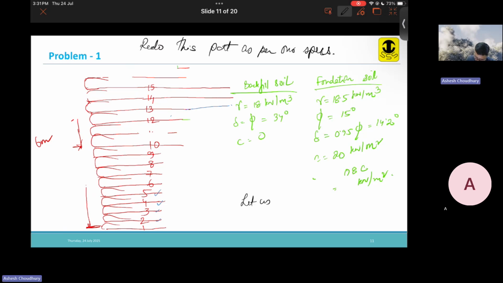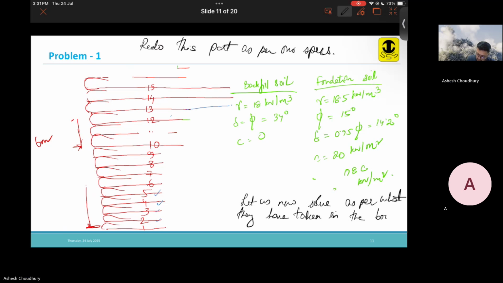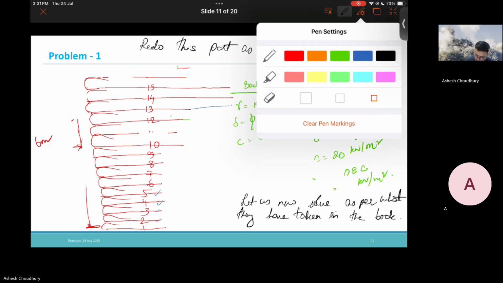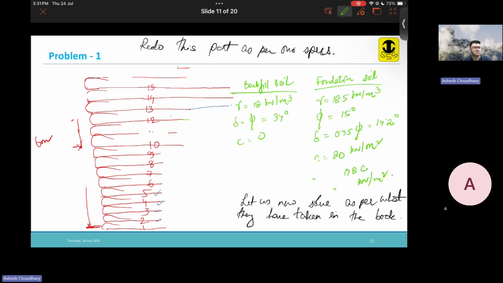Let us now solve as per what they have taken in the book. Okay, so let us do that. Before that, let me just put the diagram for you from the book.